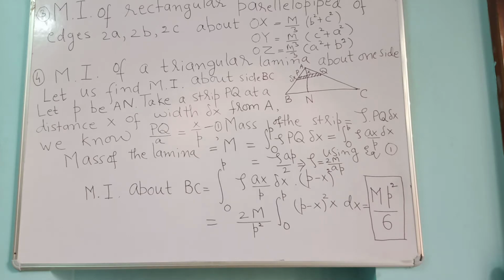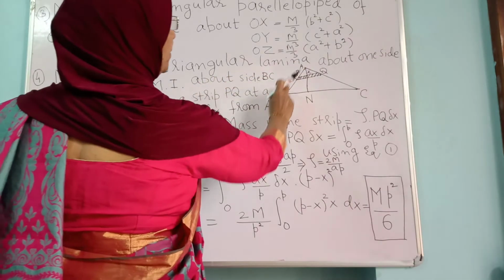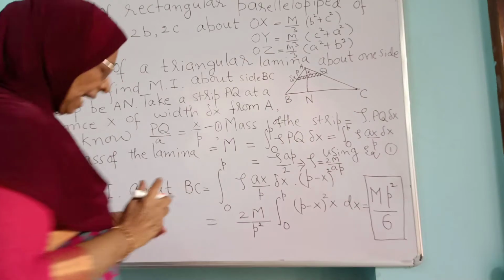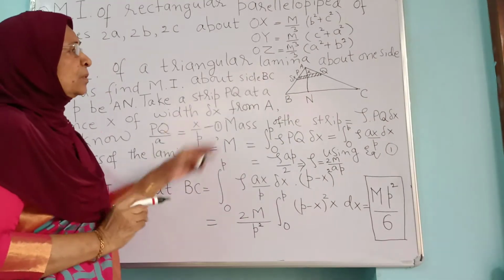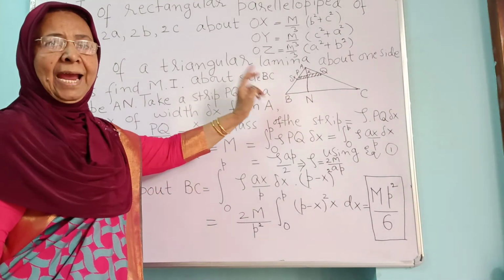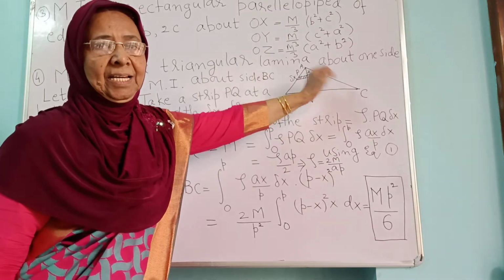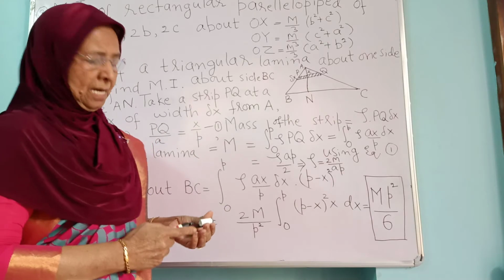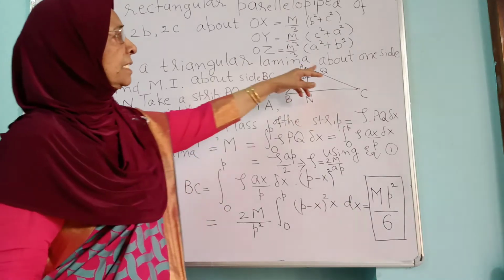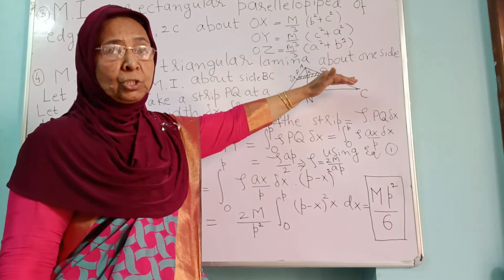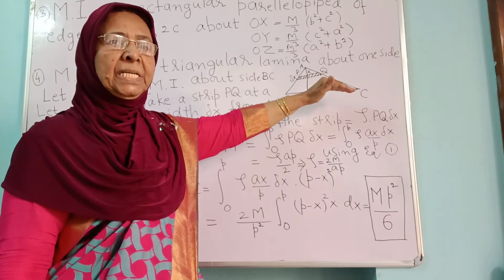Okay, so ABC is the triangular lamina. We have to find its moment of inertia about an axis BC. This is our question about one side. So we have chosen the side as BC.